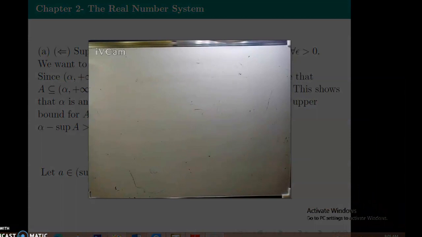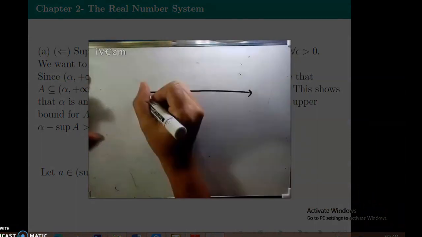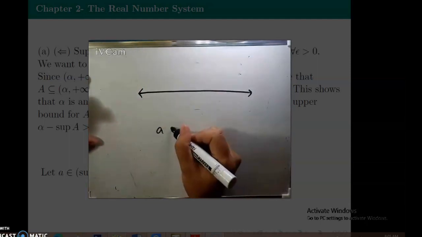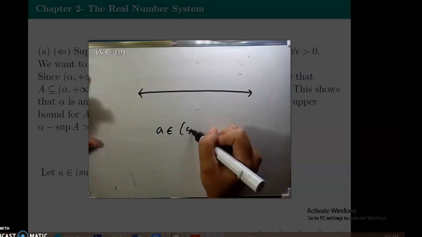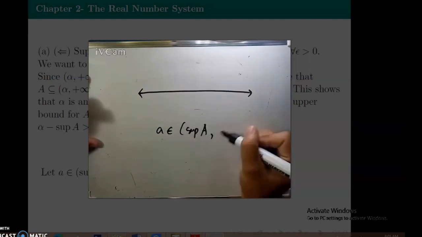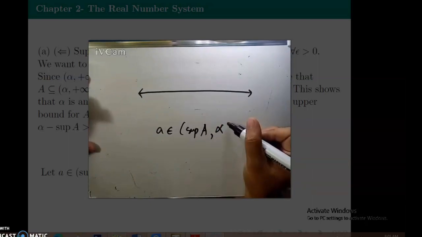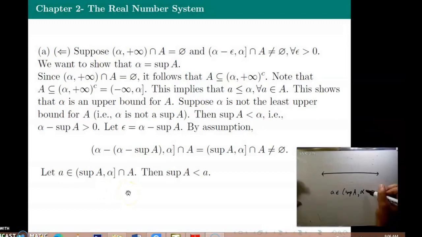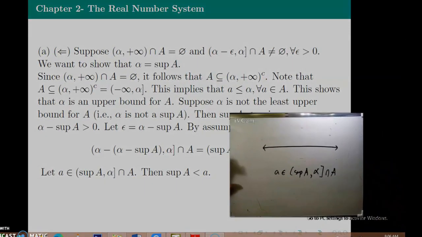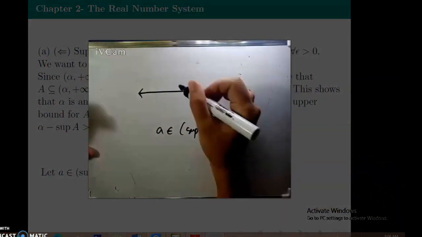Okay, let us have this illustration. Since a is contained in the interval from the supremum of A to alpha, intersection A, it means we have this illustration.